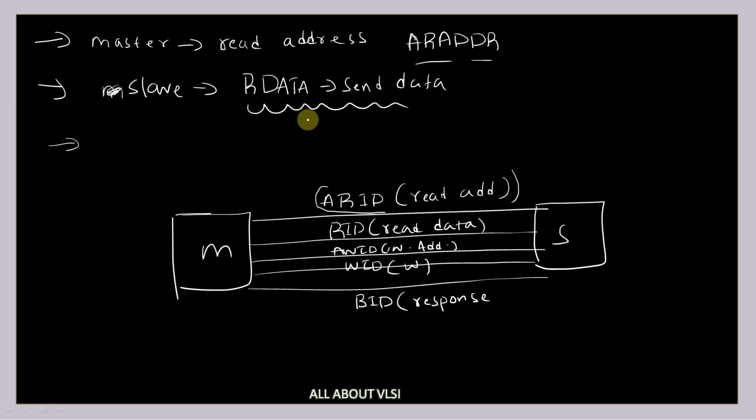My master, before reading the data, let's say the slave is a little bit slower. So the master, before reading the data from the slave, can also issue a write address to our slave. It can also issue a write transaction or write information to my slave.